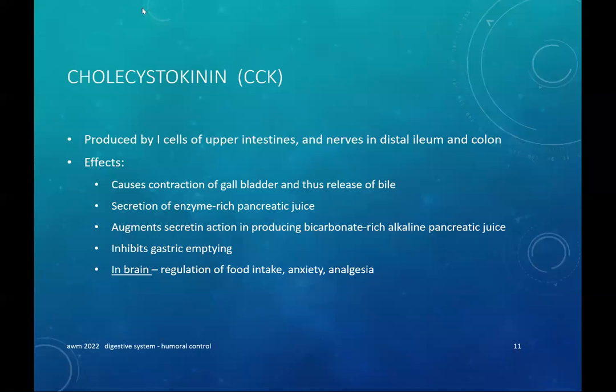At the same time, it also augments the secretion of bicarbonate-rich alkaline pancreatic juice. So it's going to produce from the pancreas both alkaline pancreatic juice to neutralize the acid and a juice that is rich in enzymes so that digestion can start taking place, chemical digestion can start taking place.